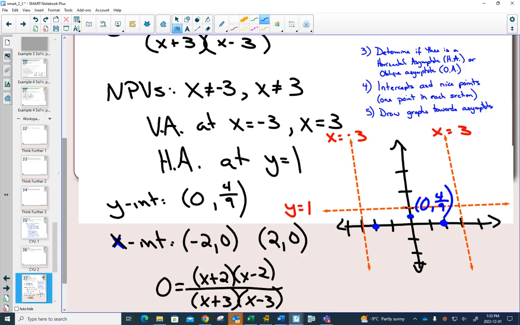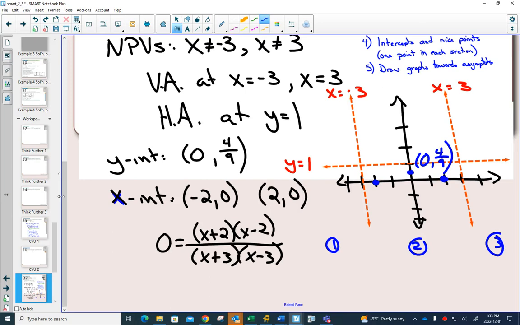Our vertical asymptotes separated our graph into 3 sections. So if we're wondering, do we need any more nice points? Yes. We have no points in section 1. So we plug in a number into section 1. That would be -4. Can you see on the top, you would get -2 times -6, which would be +12.